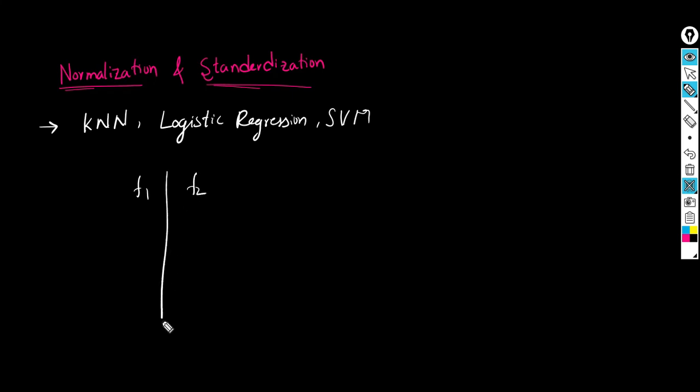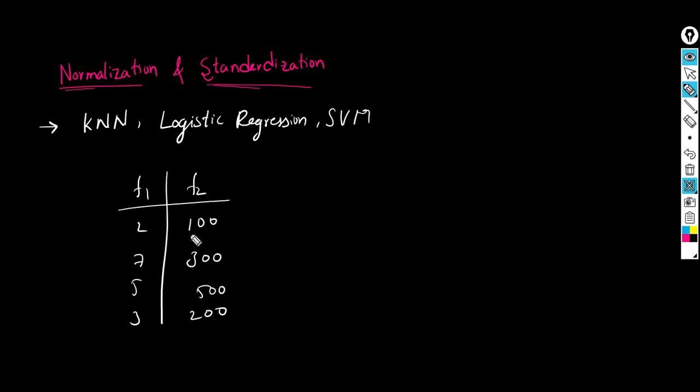Two features are there, and the values look like 2, 7, 5, 3, and for the F2 feature the values are in hundreds: 100, 300, 500, 200. Consider F1 as lower values, like 1 to 7, but these F2 values are very huge, in the range of hundreds.